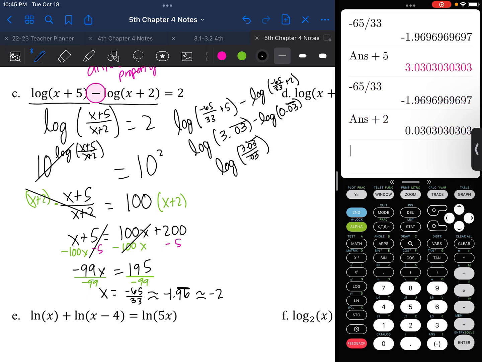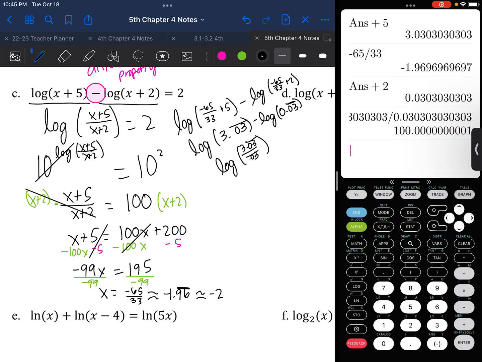So now if we take this number, divide it by that number, what do we get? Interesting. Think about what this means. Log base 10. That means that 10 squared equals 100. Is that true? Sure is. Okay. So there we go. Without any rounding, it worked out just like we thought it would.